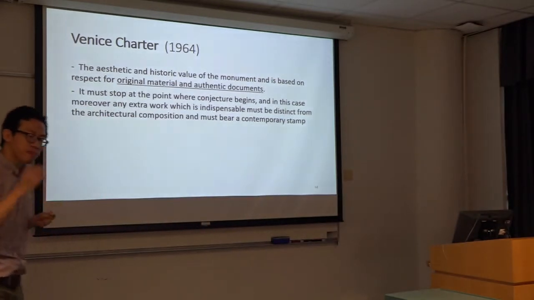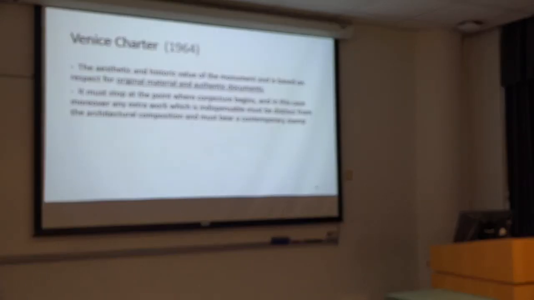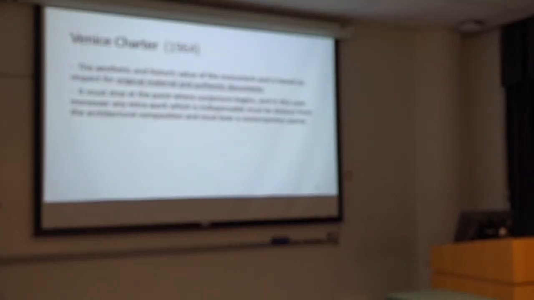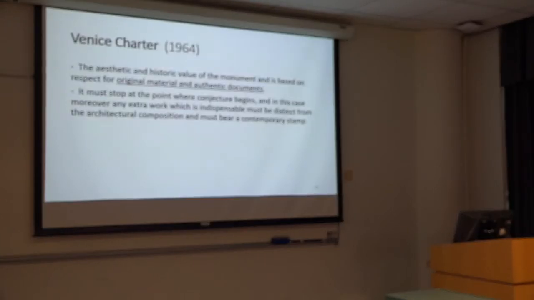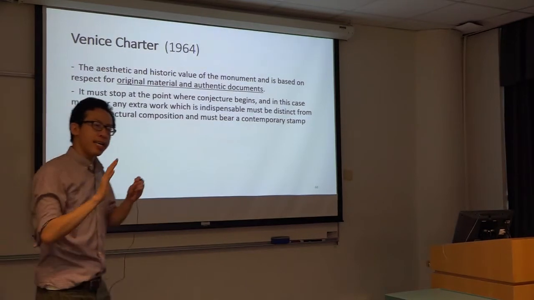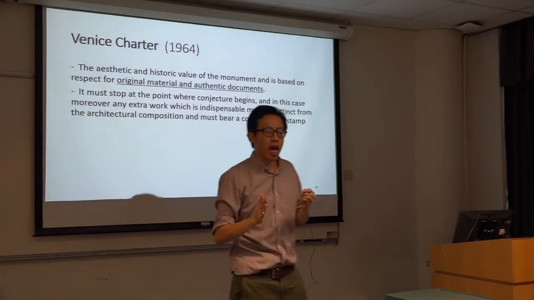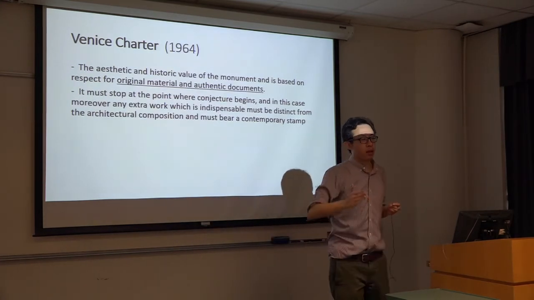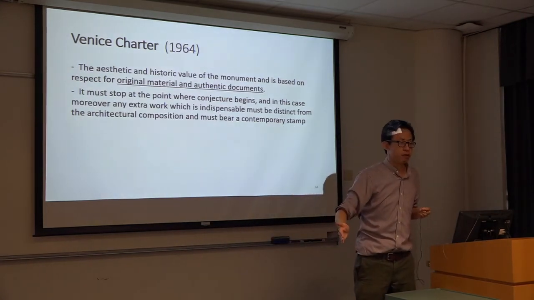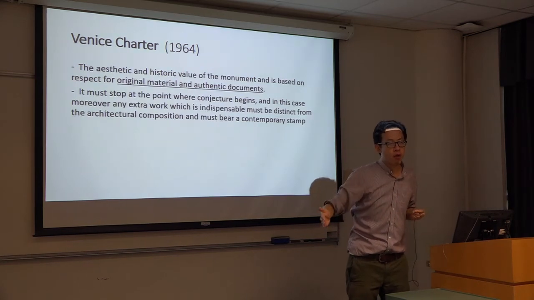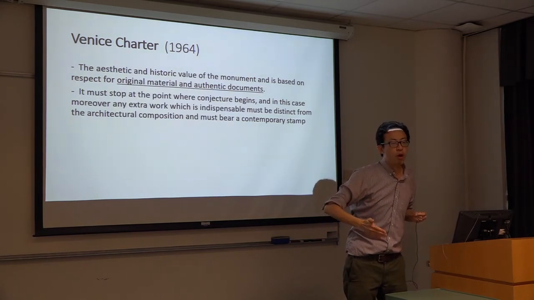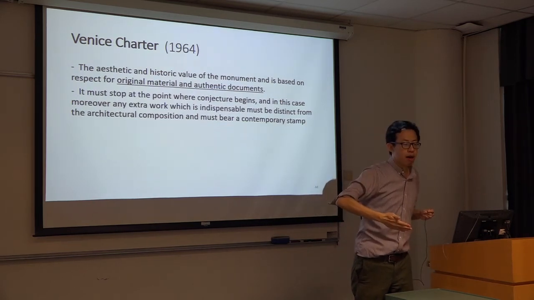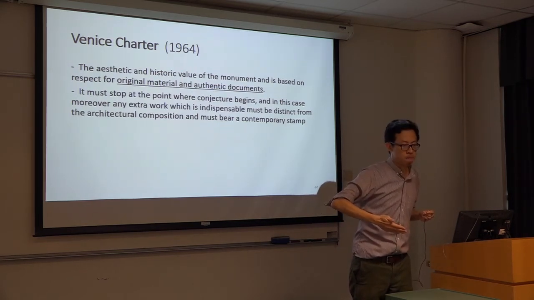Okay, so I want to highlight this. It's very critical because according to the Venice Charter, according to the original concept, whether a site, whether a historical building has outstanding universal value has to be dependent on whether the material, the layout, or the outlook are original.